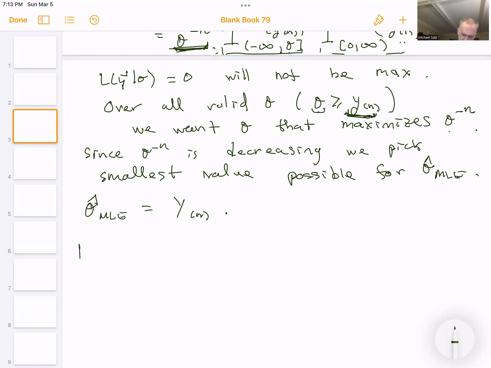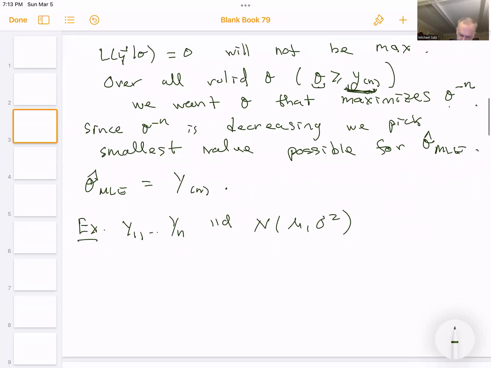Okay. Here's another example. Suppose we have y1 through yn, IID normal mu sigma squared, both unknown. And so we're going to need partial derivatives to find an extreme value in terms of mu and sigma squared, right?